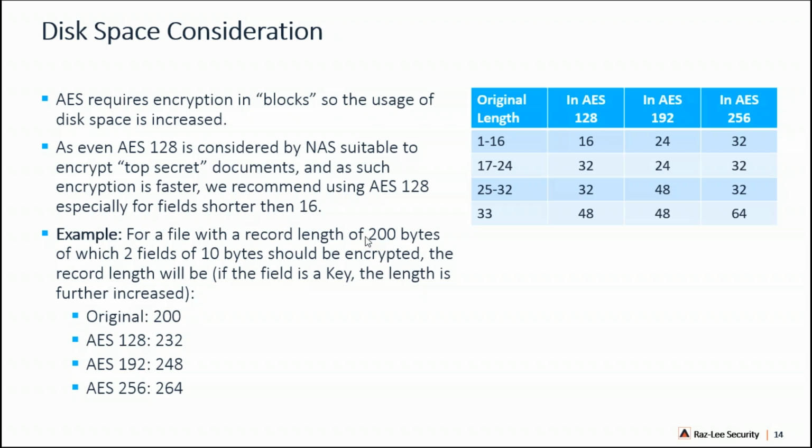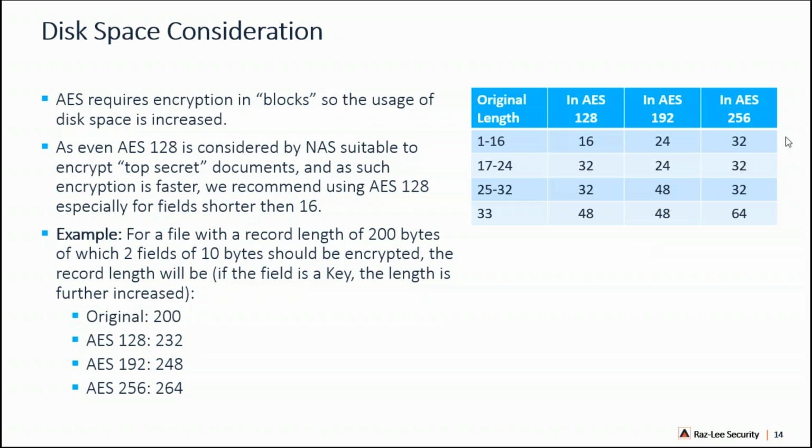Let's say that we have a record of 200 bytes and 2 fields, each one of them is 10 bytes. And we decide to encrypt these 2 fields. If we do it with AES 128, then for each field, which is 10 bytes, we need 16 more bytes. So we finish up with 2 fields like this with 232 bytes.